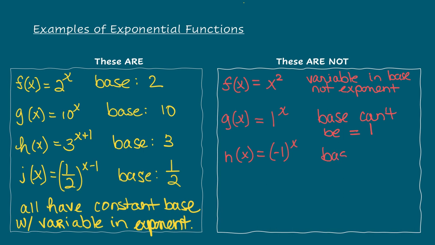So my base must be a positive number. And in the last example, let's say I have x to the x power. This would not be an exponential function because I have a variable in both the base and in the exponent.